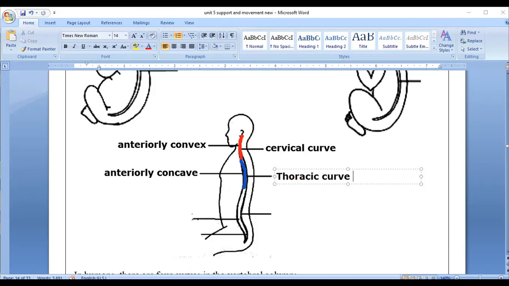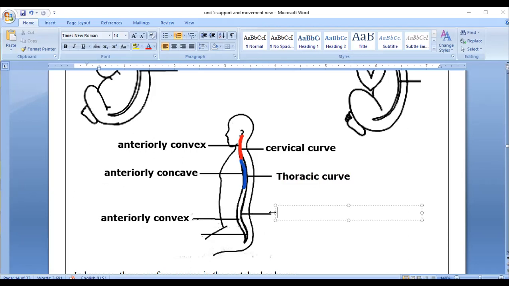Why is it a primary curve? It is remaining anteriorly concave like in the beginning, correct? Yes, sir. Right. Thirdly, what is written here? Anteriorly convex. So if anteriorly convex is coming, what kind of curve is it?